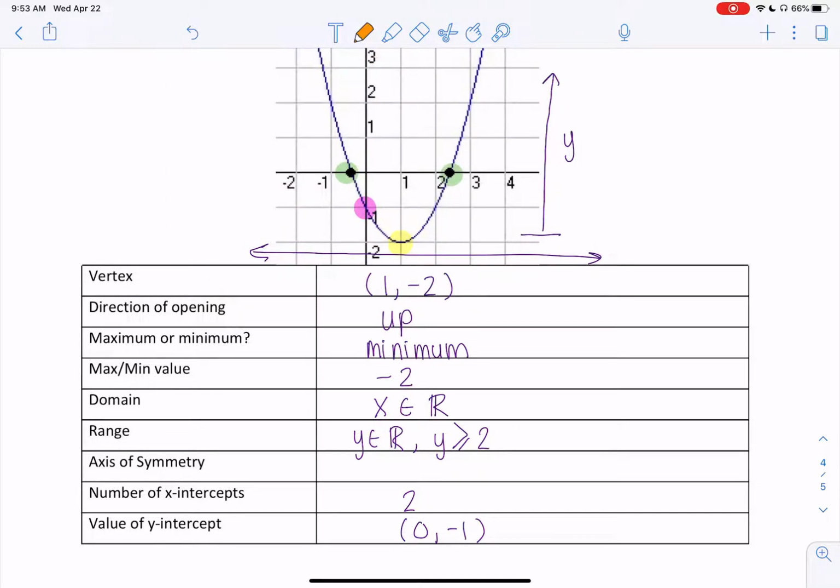So we're going to find the line that cuts it in half, and we just write the equation of that line. So from grade 9, we know our vertical lines are always x equals lines, and in this case, we have x equals 1. So we'll continue to practice this part tomorrow, but it's a good idea just to get a little bit familiar with the way parabolas look.